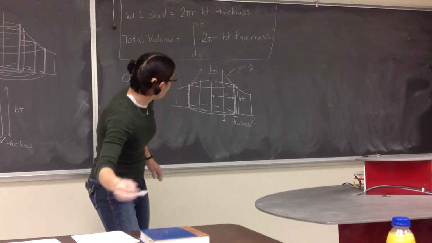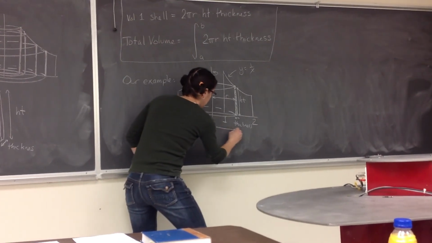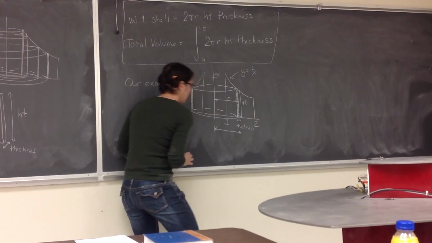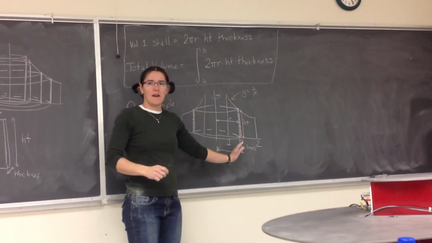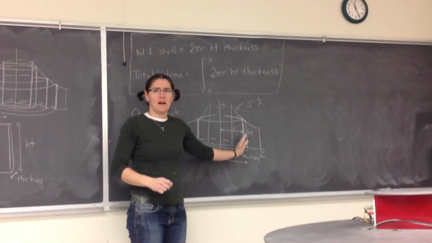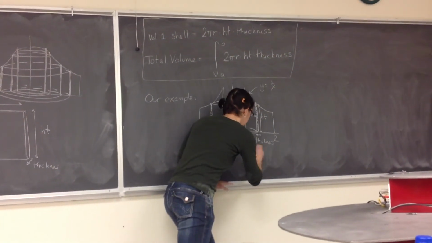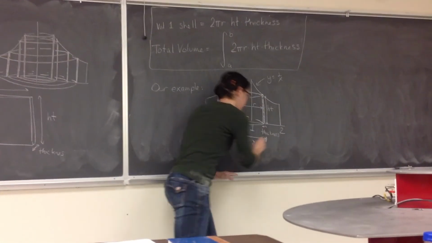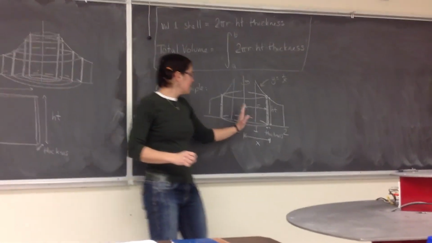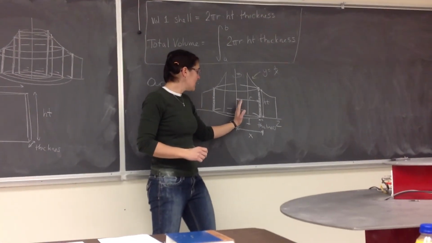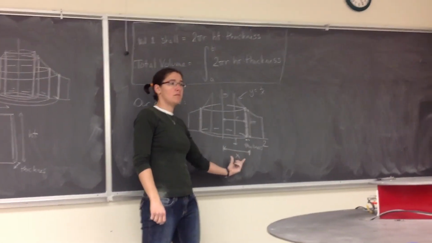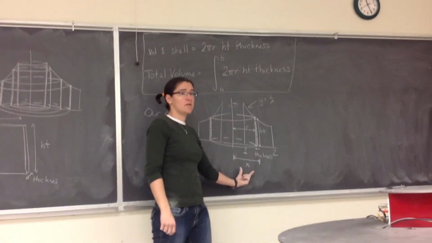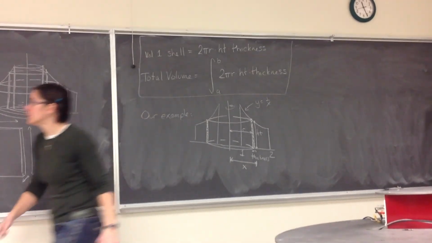So we are looking at the distance from x equals 0 out to whatever x value our wall lies on. So the distance from the y-axis out to our sample x value is a distance of x. And so our radius is equal to x.